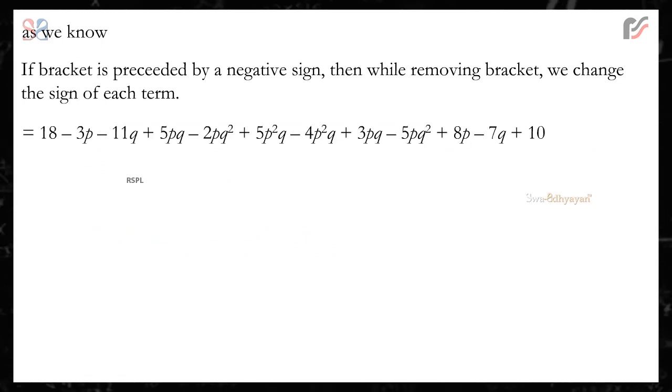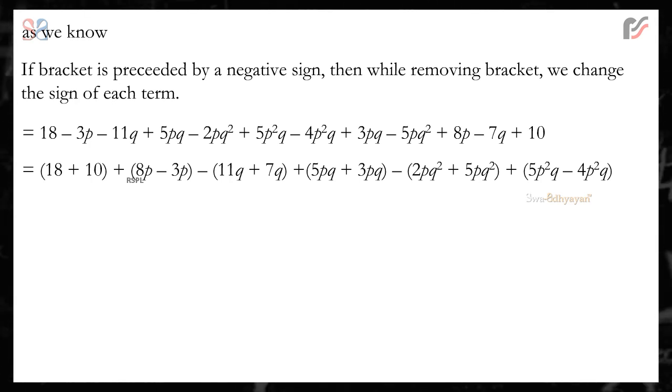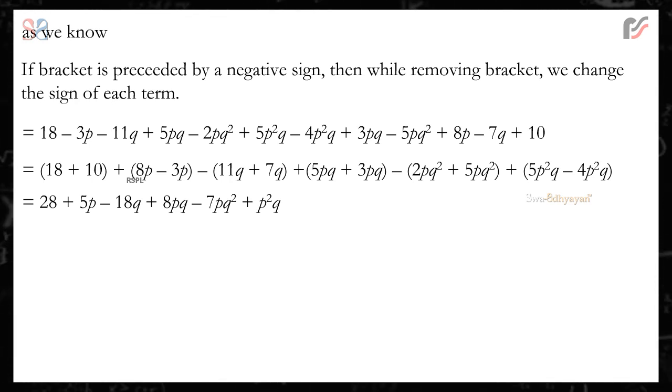This is equal to 18 minus 3p minus 11q plus 5pq minus 2pq² plus 5p²q minus 4p²q plus 3pq minus 5pq² plus 8p minus 7q plus 10, which is equal to (18 plus 10) plus (8p minus 3p) minus (11q plus 7q) plus (5pq plus 3pq) minus (2pq² plus 5pq²) plus (5p²q minus 4p²q), which is equal to 28 plus 5p minus 18q plus 8pq minus 7pq² plus p²q.